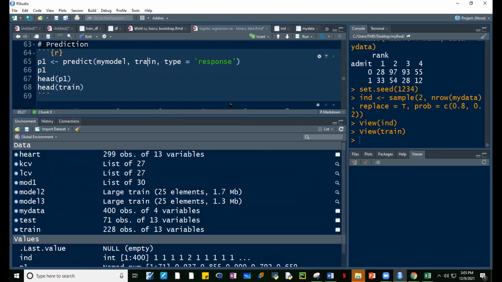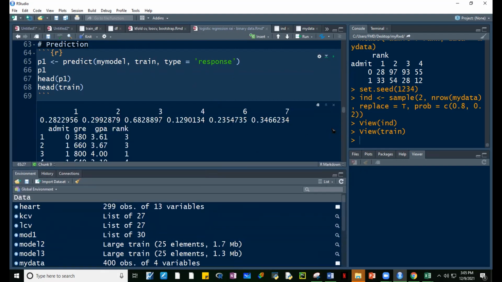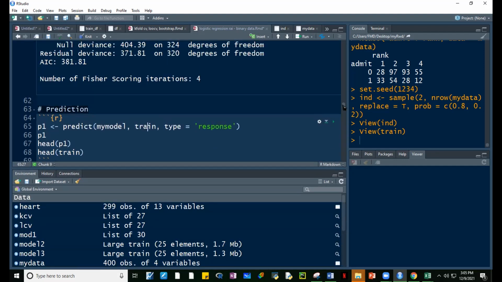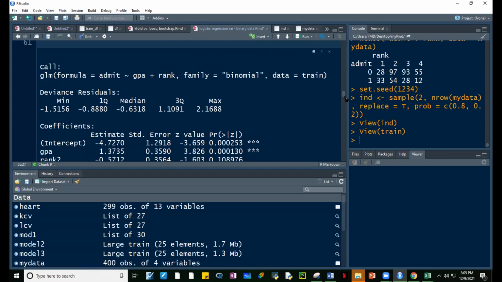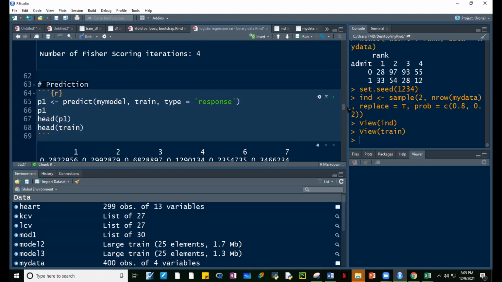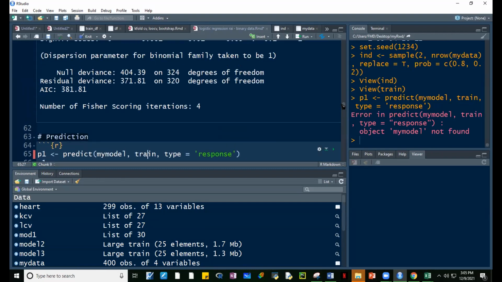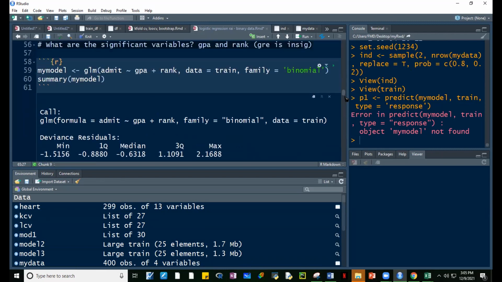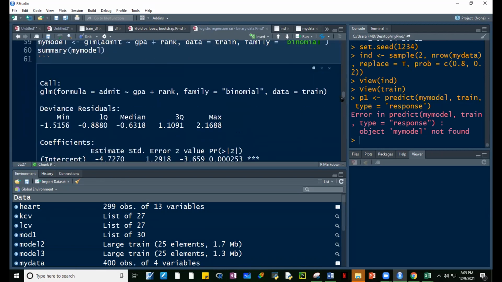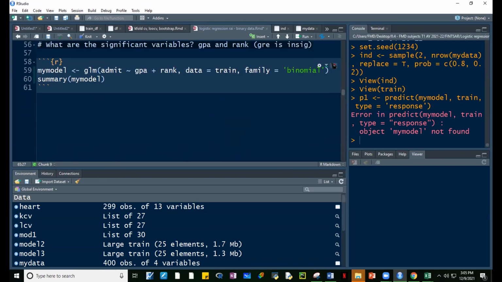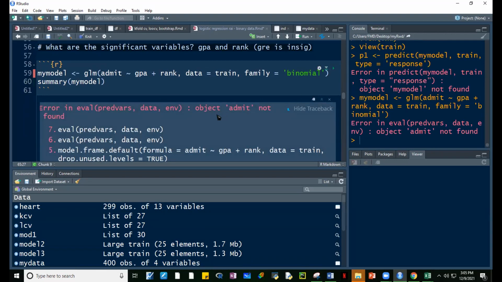I should have. So let me run this. My model not found because I haven't run my model yet. Let me run my model. Admit not found. Why? What is this? Ah yeah, right. This.